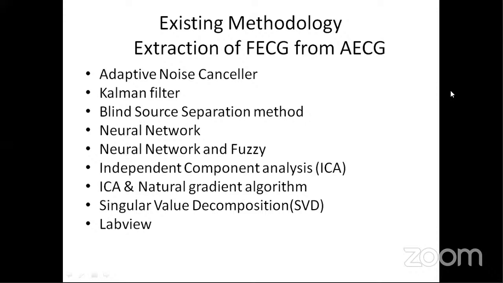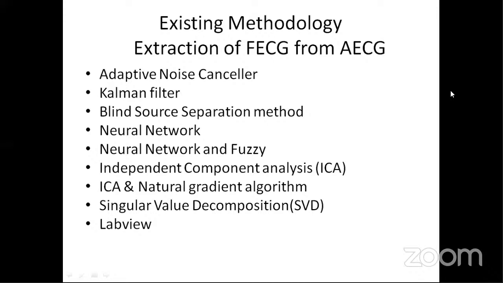After getting it, it is a combination of both mother and fetal ECG. From that, we can extract the fetal ECG with the help of signal processing techniques.